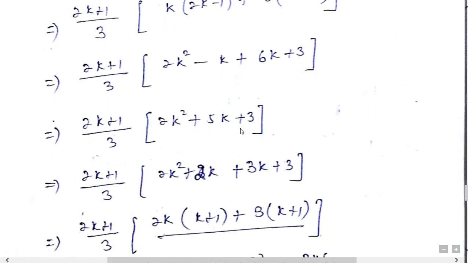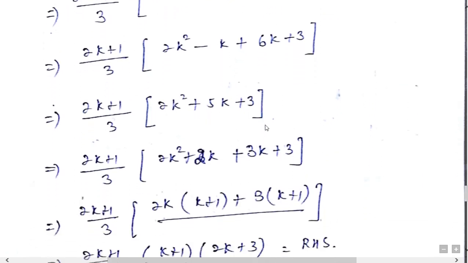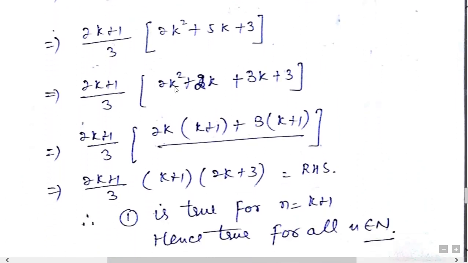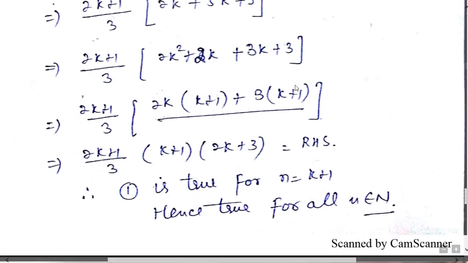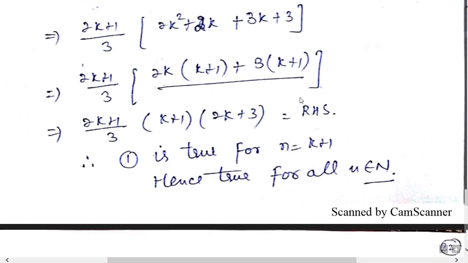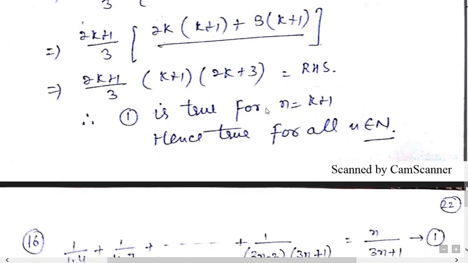It's 2k square plus 5k plus 3. Then factorize the terms. 2k square plus 2k plus 3k plus 3. The term is 2k into k plus 1 plus 3 into k plus 1. And factors are 2k plus 1 over 3, k plus 1 and 2k plus 3. This value is equivalent to right hand side. It means it's true for n is equal to k plus 1.